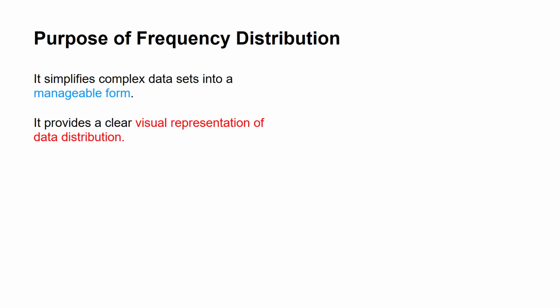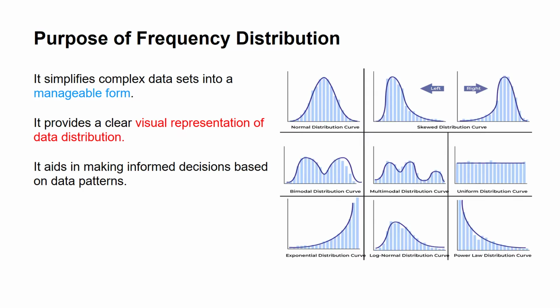And it provides a clear visual presentation of data distribution, and that is what I showed from the previous figures. You can present a clear visual presentation of the data distribution using a histogram, line graph, or bar chart. And it aids in making informed decisions based on data patterns. So from the data patterns, you can make an informed decision.